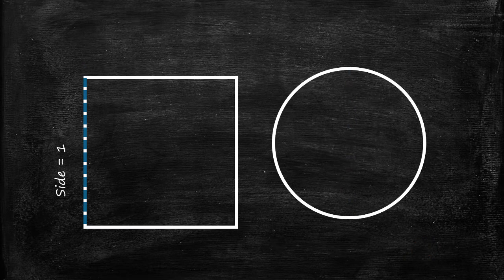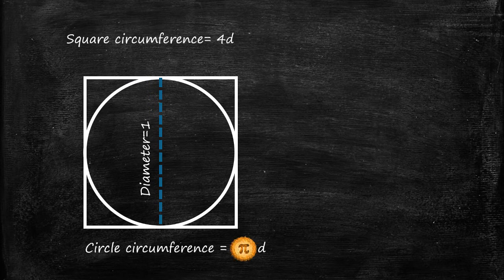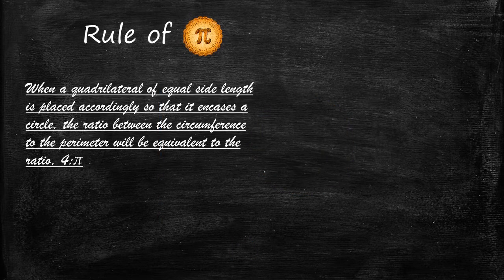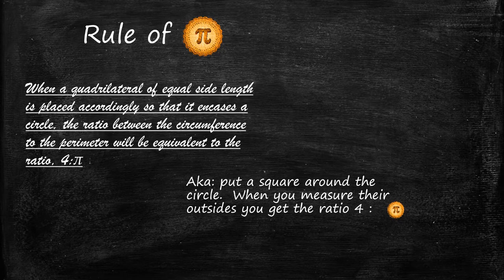Now, let's look closely into this. You're basically finding the diameter of both shapes, and for the square, you multiply by 4, while with the circle, you multiply by pi. So it's a ratio. Rule of pi. When you put a square around a circle and measure their circumferences and perimeters, you get the ratio pi to 4.